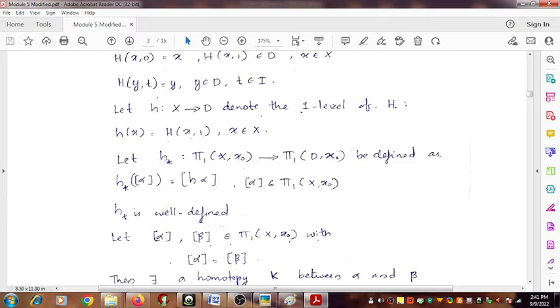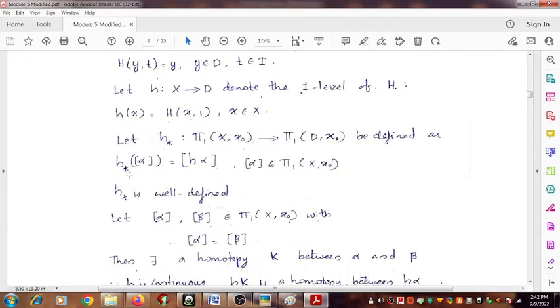And next we define h star, which is going to be defined from the fundamental group of the whole space X to the fundamental group of the subspace D. So we define h star from pi 1(X, x naught) to pi 1(D, x naught). It is defined as h star of the class of alpha, where alpha is a loop in X based at the point x naught.